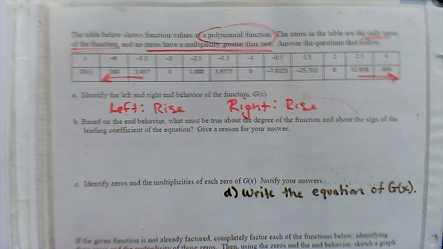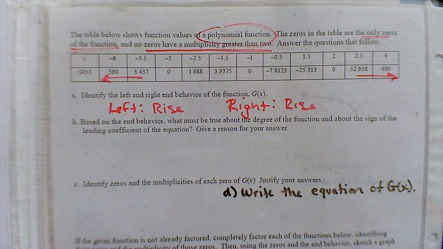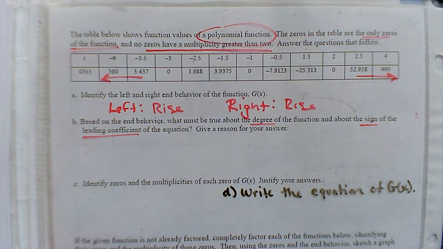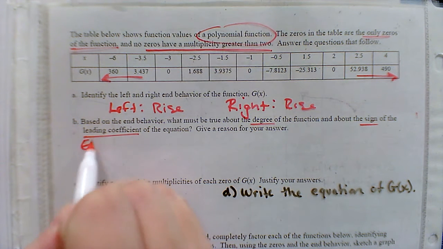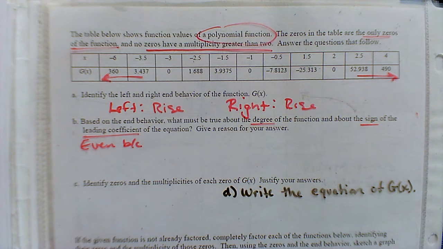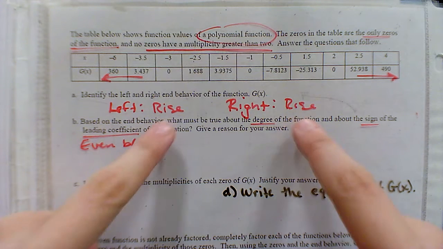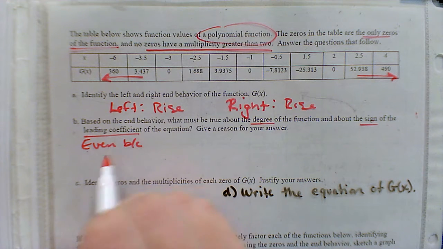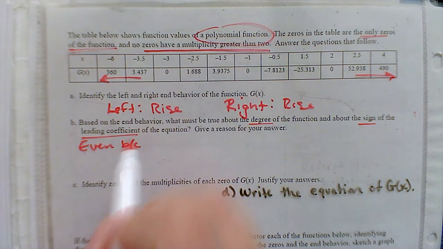Based off of that end behavior, rising on both sides, what can we determine about the degree? Is it even or odd? And then what do we know about the sign of that number out front? Is it a positive number or negative number? What do you think? How do you know it's even? One of the relationships we saw yesterday from the table: if the left and right are the same behavior, we have an even degree.